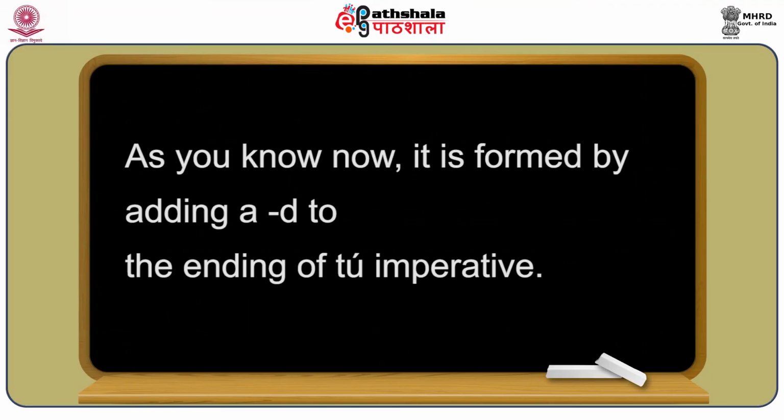So the imperative in vosotros is formed like this if the verb is an AR ending. For that we just remove the R and add D. So hablar becomes hablad, trabajar becomes trabajad. So as you know, it is formed simply by adding D to the verb.